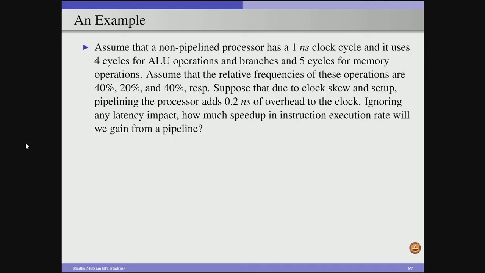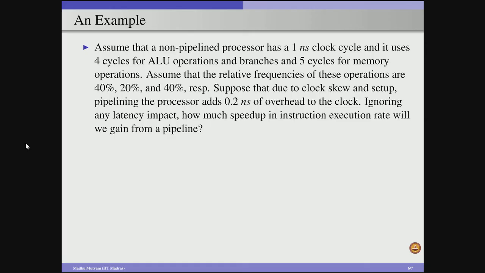So, the problem statement is, we consider a non-pipeline processor that has a 1 nanosecond clock cycle, and it uses 4 cycles for ALU operations, branches also take 4 cycles, and memory operations take 5 cycles. And we are going to execute some application in which 40% of the operations are ALU operations, 20% are branch operations, and 40% are memory operations.